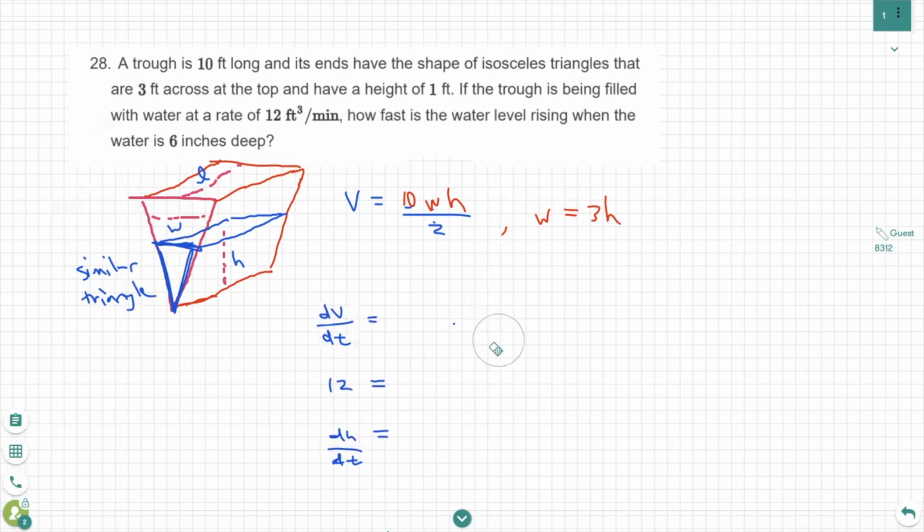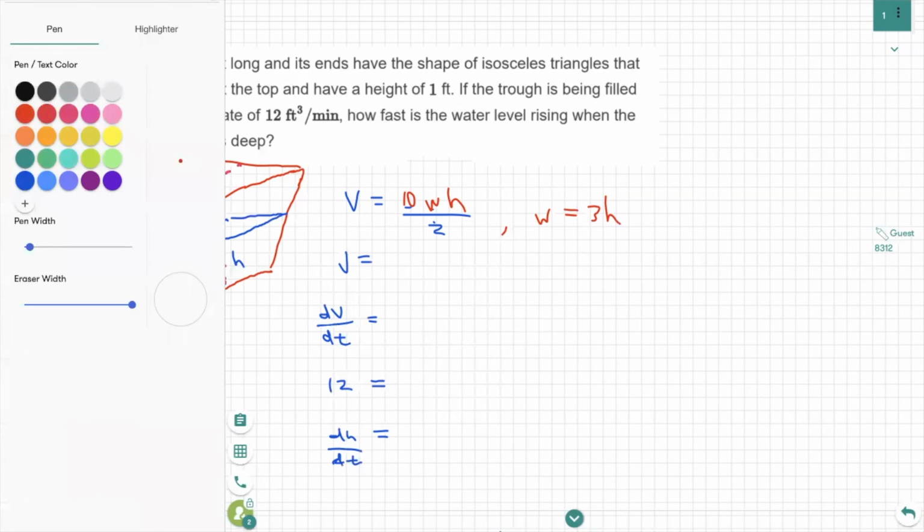So dV over dt is equal to... Well, what's our equation then? V is equal to 10 times 3H squared over 2. Okay, yeah. Times 3H squared.